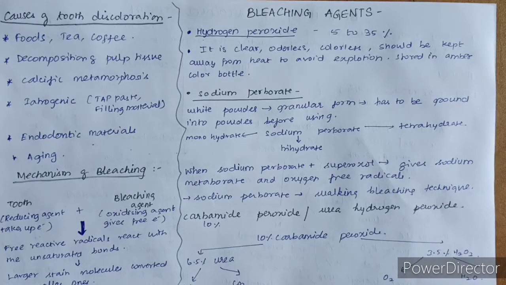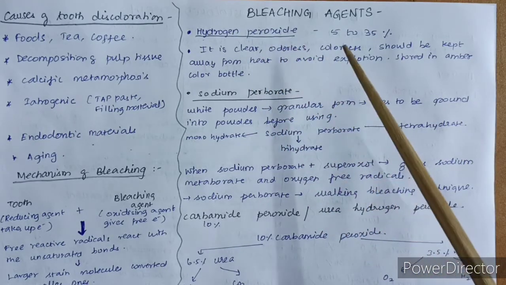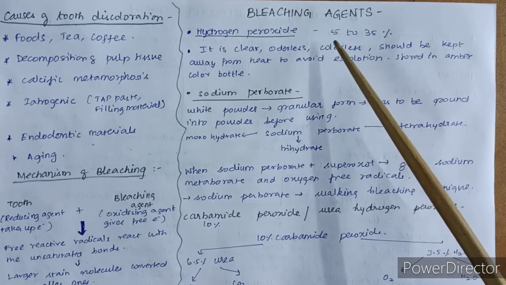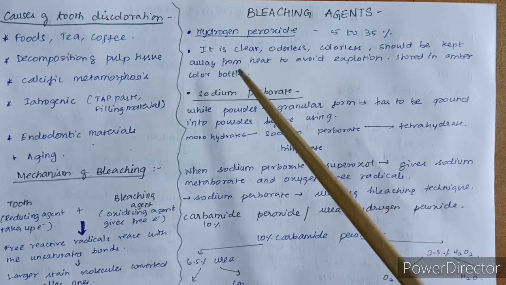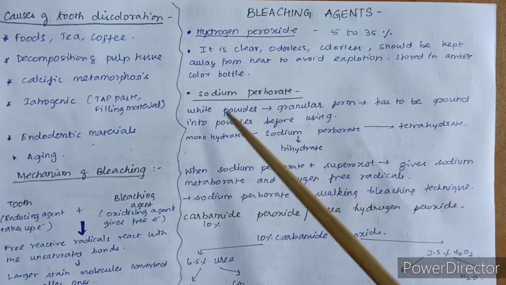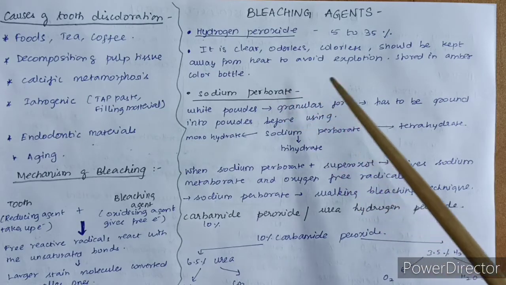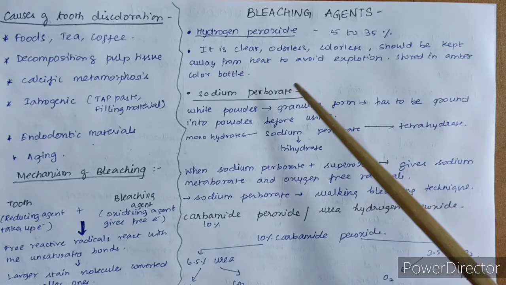So what are the various bleaching agents available in the market? Hydrogen peroxide, most commonly available in percentages from 5 to 35%. Hydrogen peroxide is usually clear, odorless and colorless, and it should be kept away from heat to avoid explosion, and stored in an amber colored bottle.